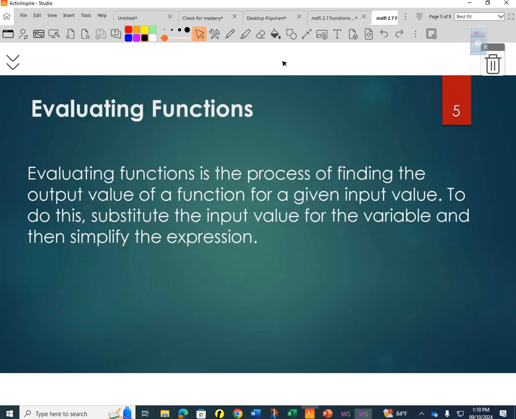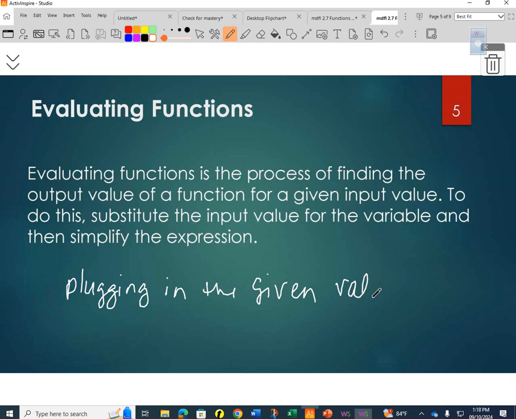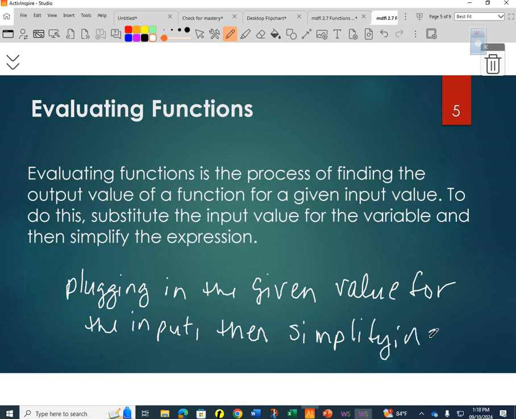Evaluating functions just means plugging in the given value for the variable, for the input, and then simplifying. Plug in and do the math, basically. Do whatever the function tells you to do.